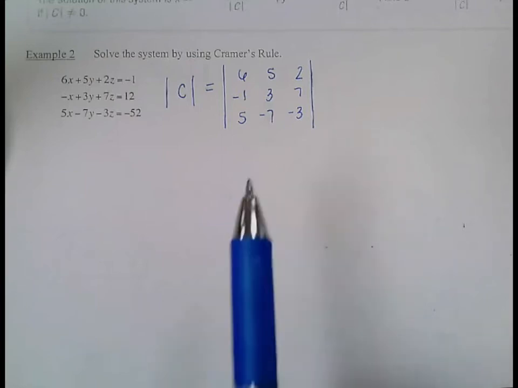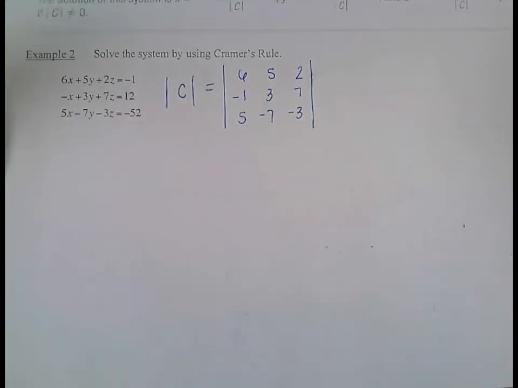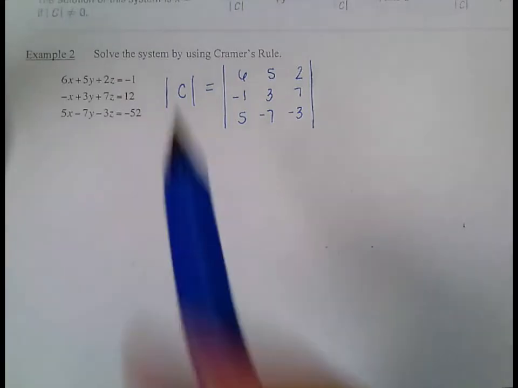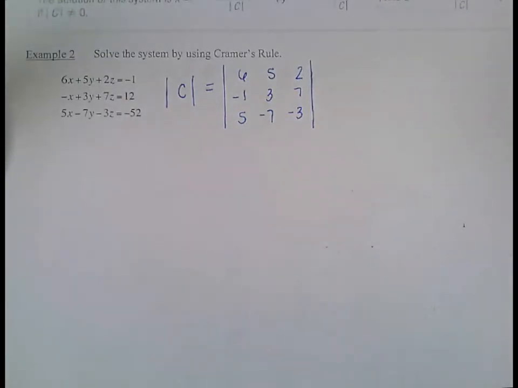Some students prefer it because it is an exact formula to use. So in that case, it could be helpful for you if solving these before was more of a confusing process because there weren't exact steps to take. So ultimately, I just want to make sure that you understand how to use Cramer's rule. So you're understanding that method.